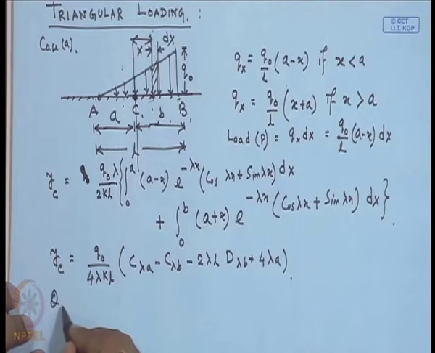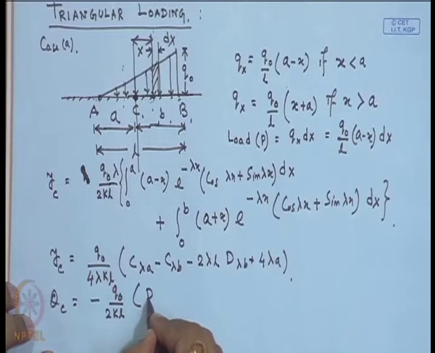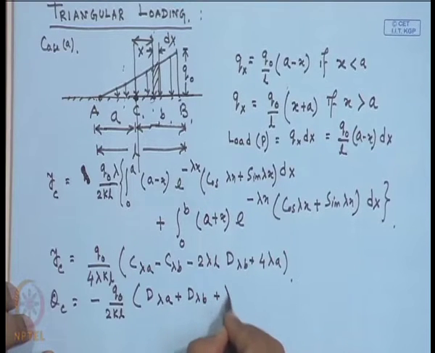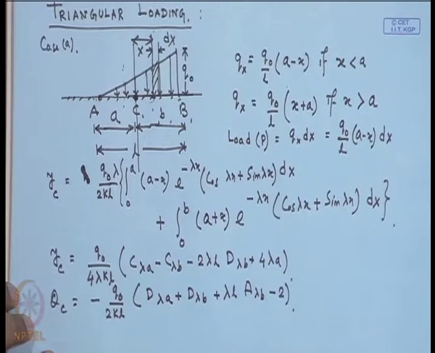Similarly, the slope theta c will be minus q 0 into 2 divided by 2 k L into D lambda a plus D lambda b plus lambda L A lambda b minus 2.